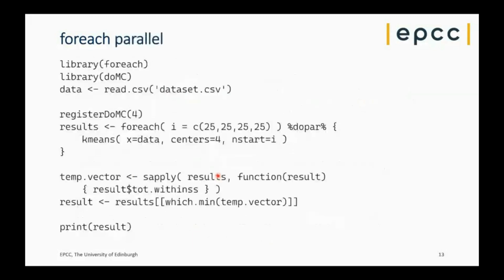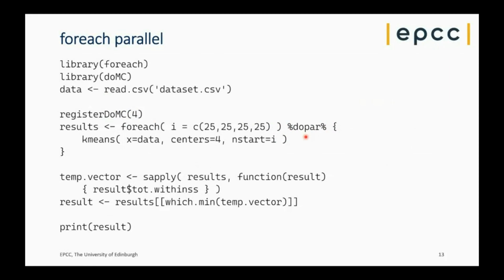And then we can use that with other libraries, such as the doMC multicore library, to give us a backend which will give us doParallel, that foreach, and then that will go away and run across a bunch of workers as well.